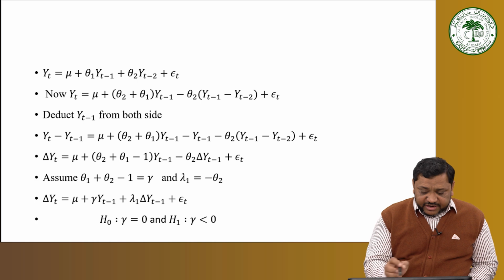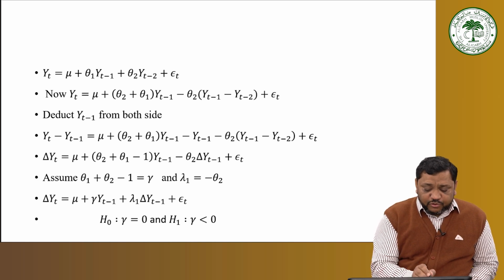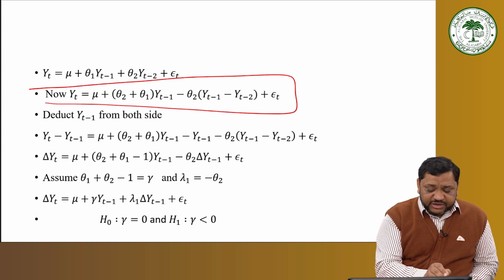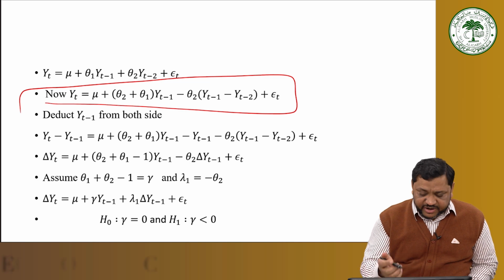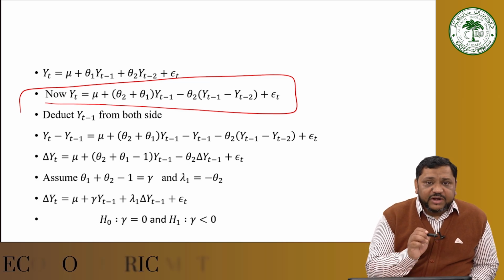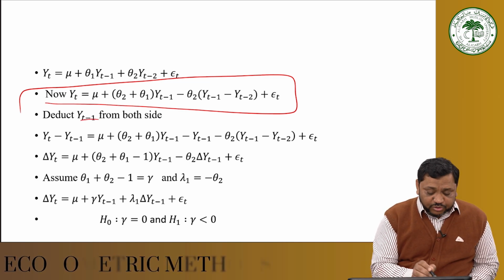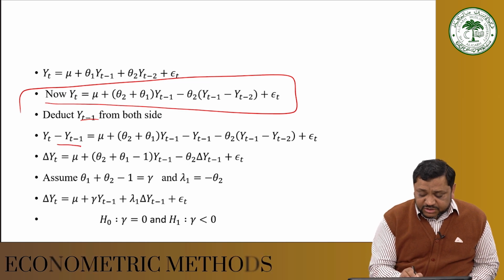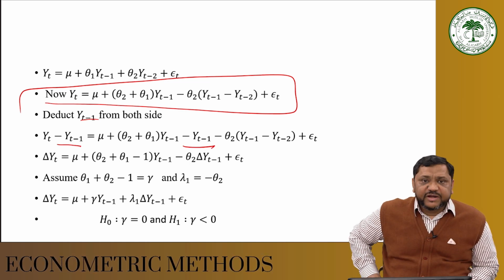This is the final equation at the moment. Now we deduct yt minus 1 from both sides, so here also minus yt minus 1, and here also minus yt minus 1.